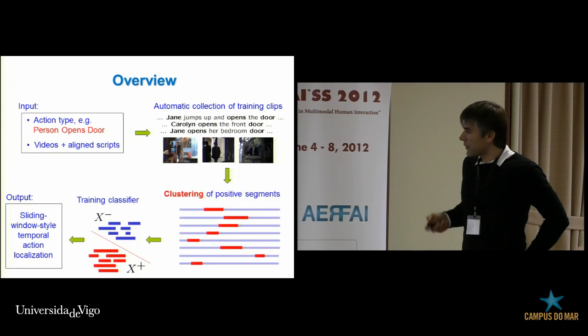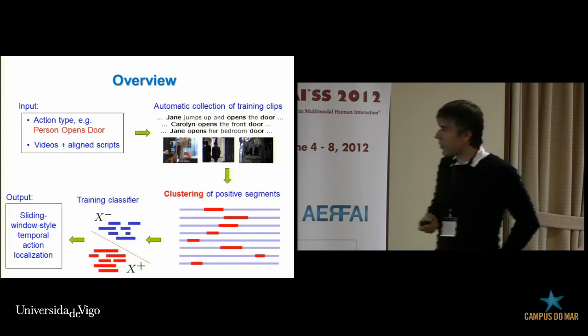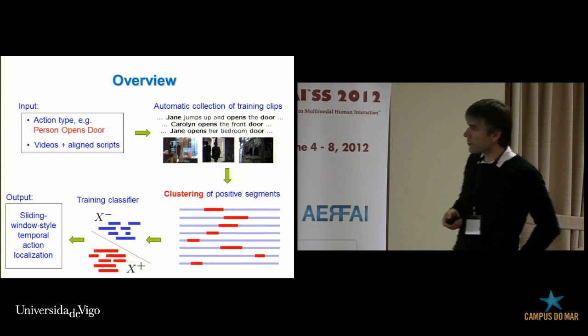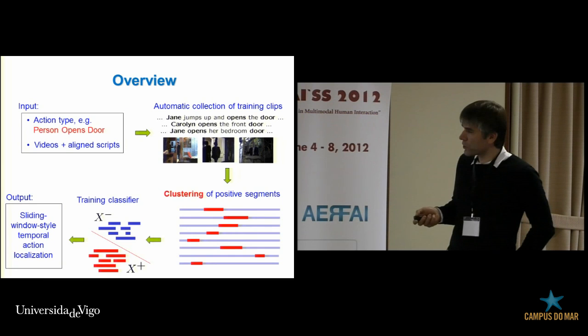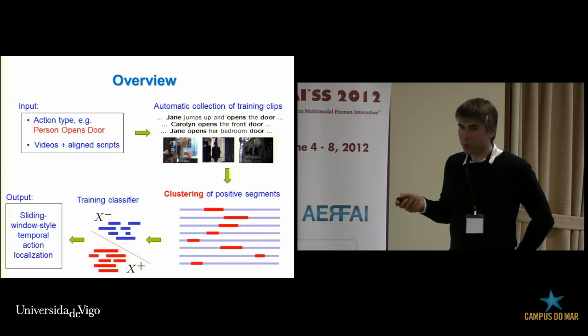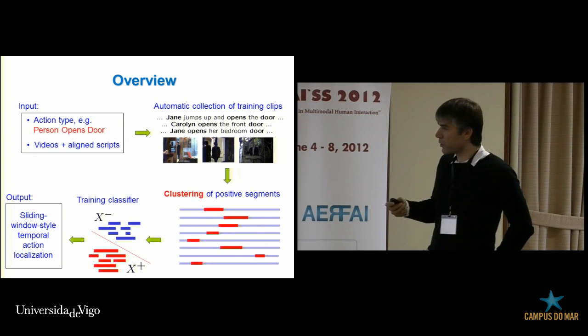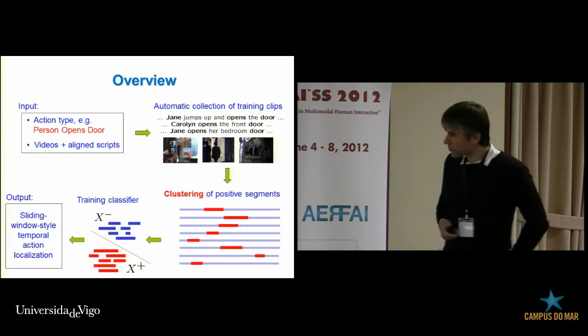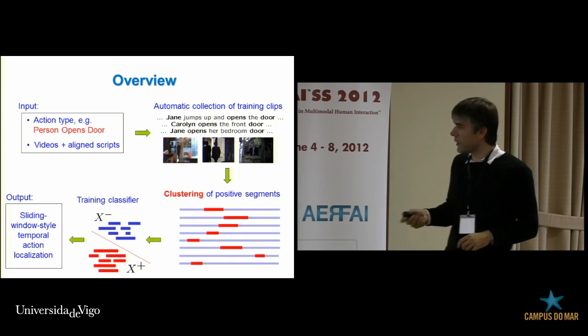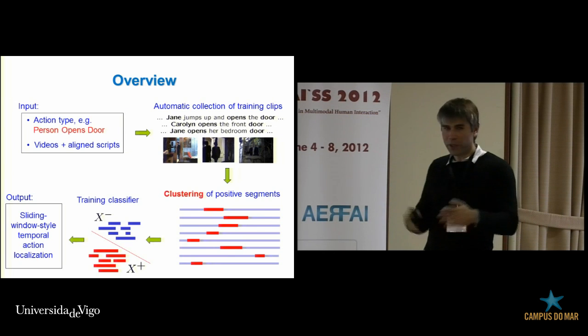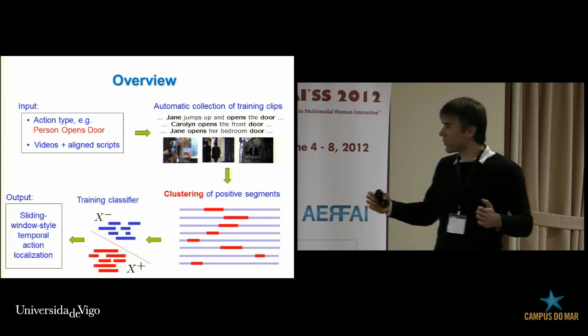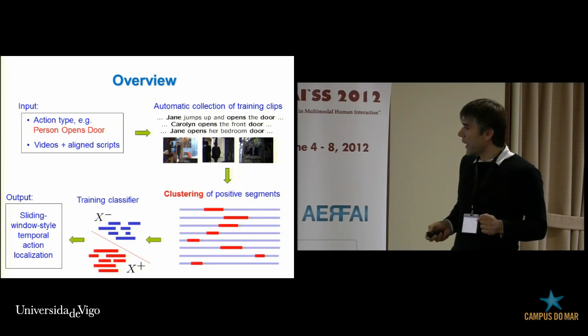To address this problem, here is an overview of the method. The input was the videos aligned with the scripts and some action type, for example, person open door. Here we just did a keyword search for open door to get the initial samples. The problem is that the samples which we get from the script can be quite large, usually maybe 1,000 frames.